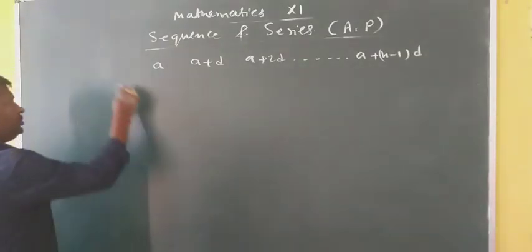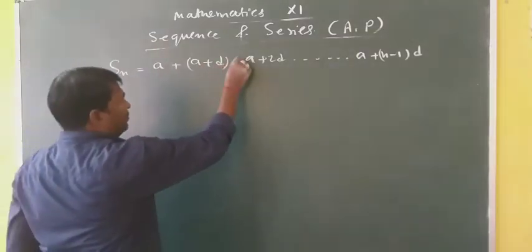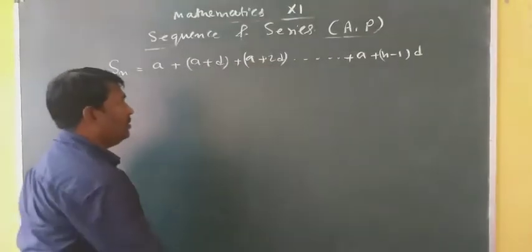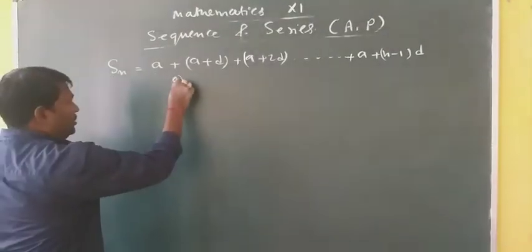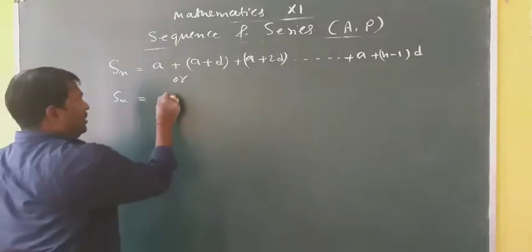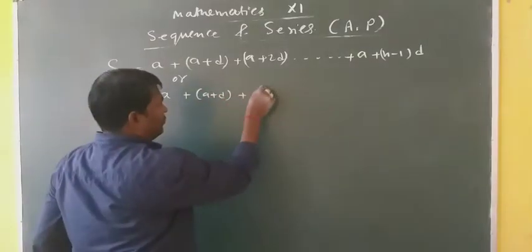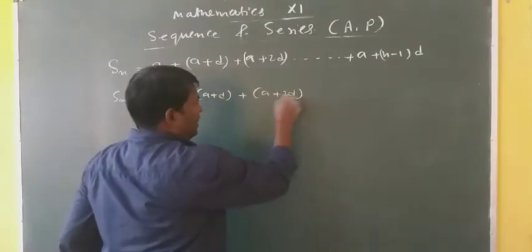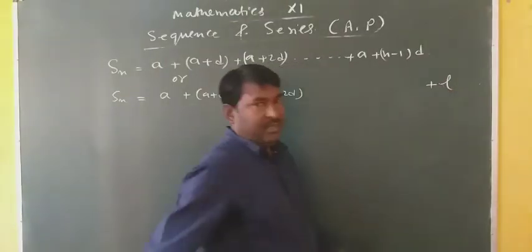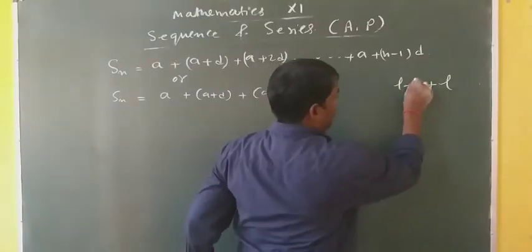If it is given to you, its summation Sn is equal to a plus (a plus d) plus (a plus 2d), and this is the last term. Okay. Or in this form you can write Sn is equal to the sum of n terms: a plus (a plus d) plus (a plus 2d), and here if the last term is L, then just before it should be L minus d.